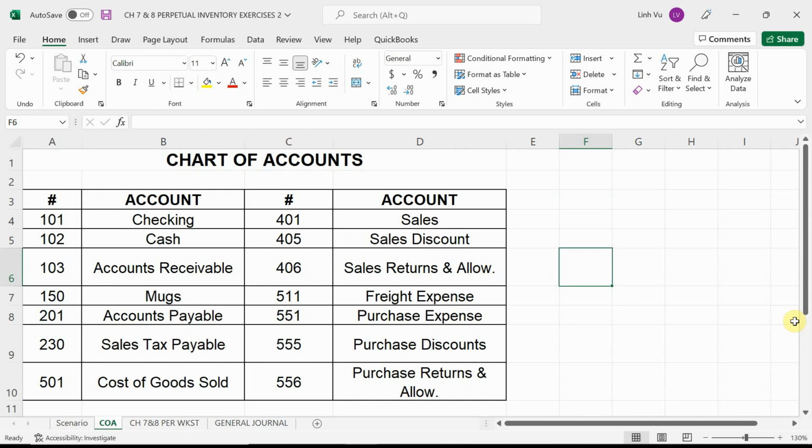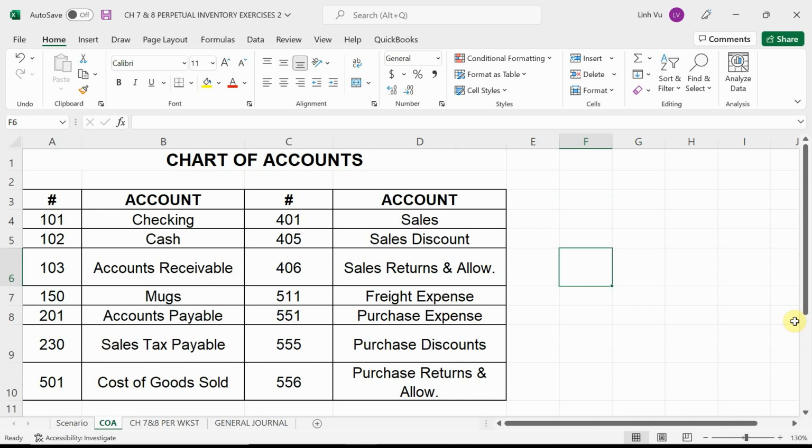We have purchase discount. Not a purchase discount. Oh, wait, what did I use? I used accounts payable and then mugs.